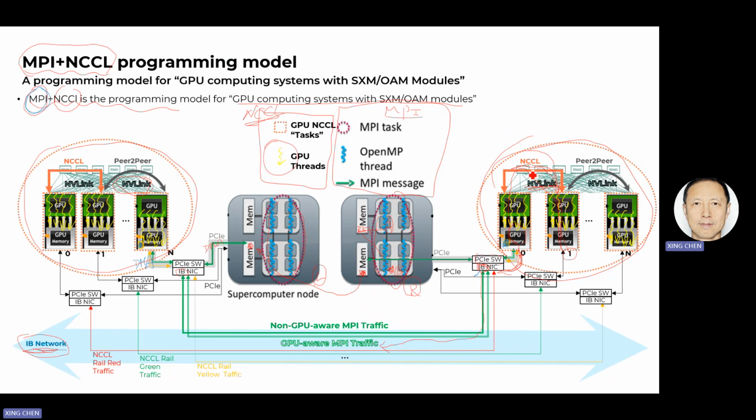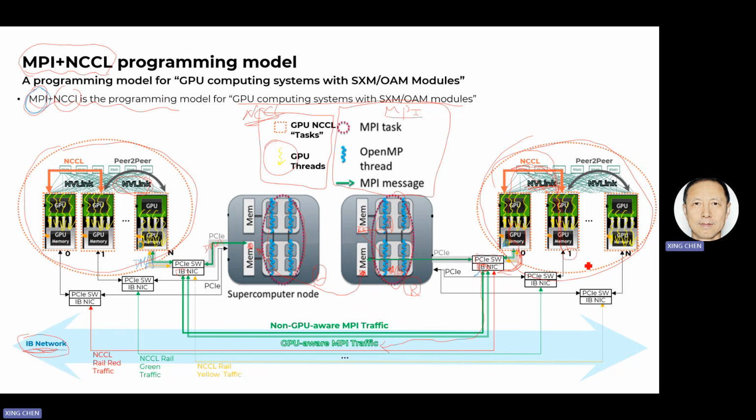you don't need to go through the NVLink because you go directly, you pass this PCIe, you are going to reach the InfiniBand, and you are going to reach the destination, and you pass this PCIe link, you are going to reach your destination.